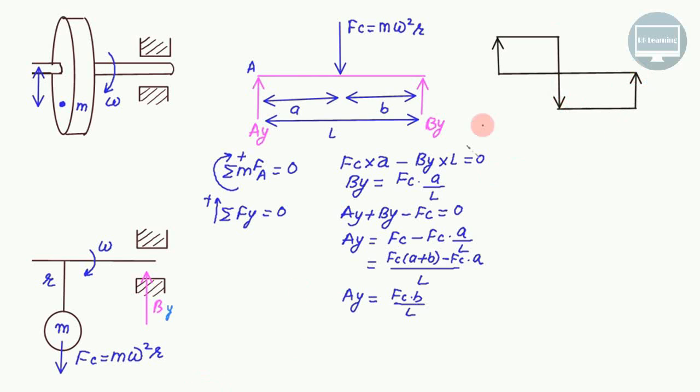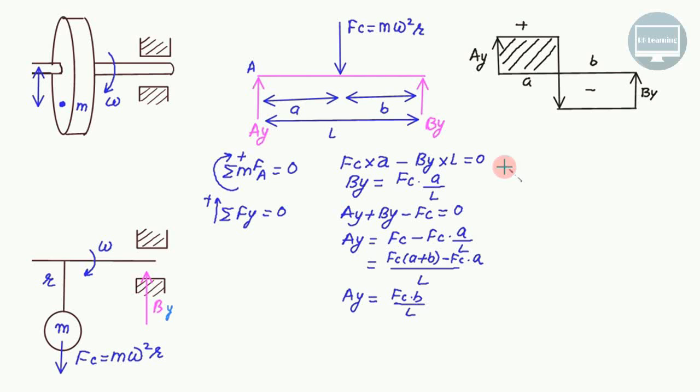So this one is your SFD. This distance is A, this distance is B, this distance is Ay, and this distance is By. Now this area is above the reference line, so this one is a positive quantity and this one is a negative quantity.